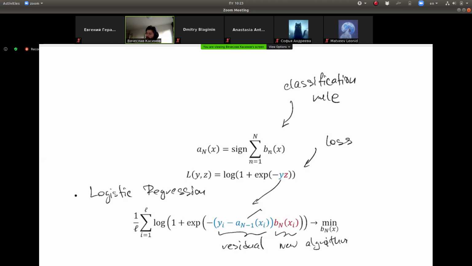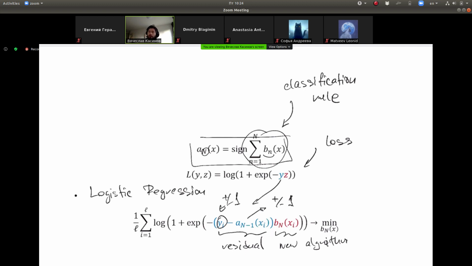This one outputs something like plus or minus 1, because this is how we defined our classification rule: the whole ensemble outputs the sign of the sum of base learners. Okay, these are our labels in the training data set, so they are also plus or minus 1.